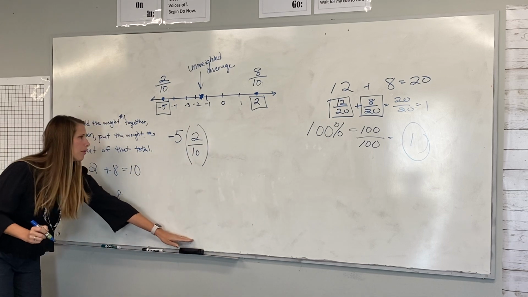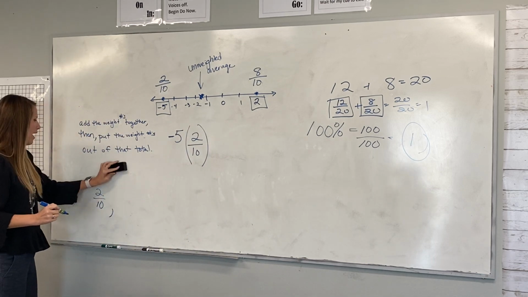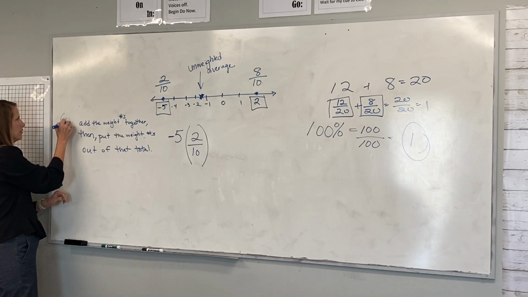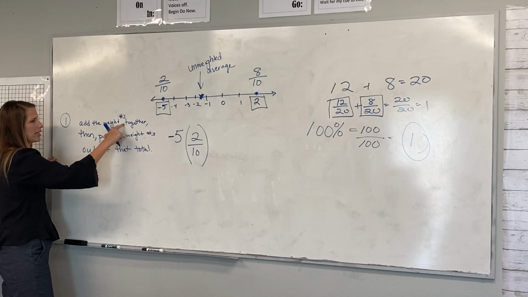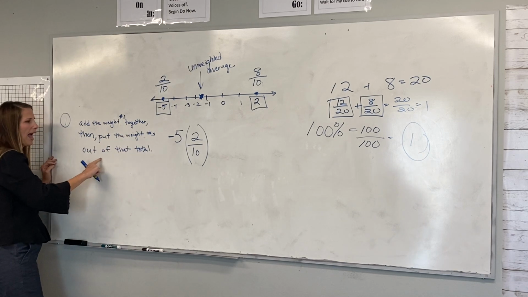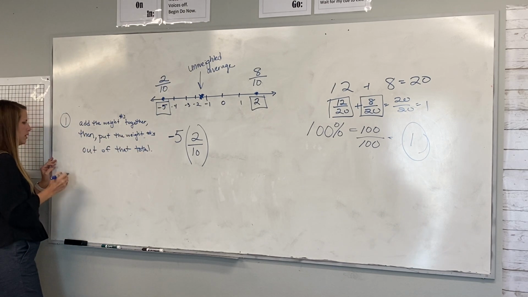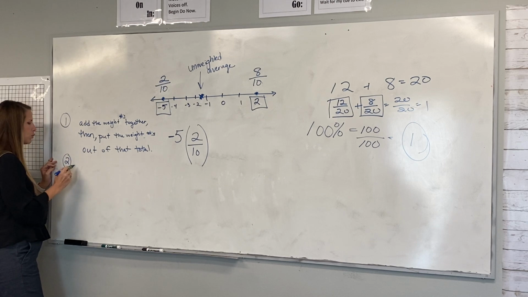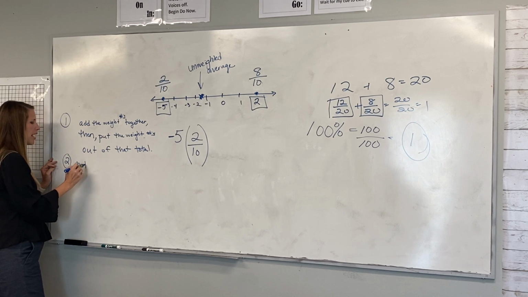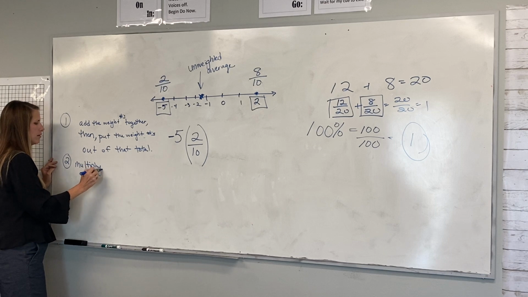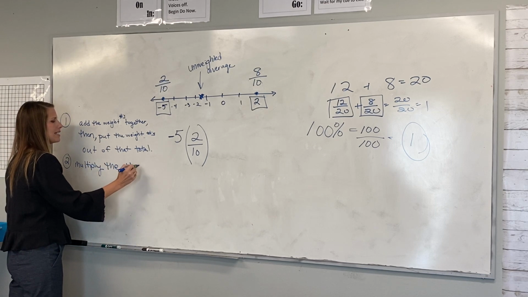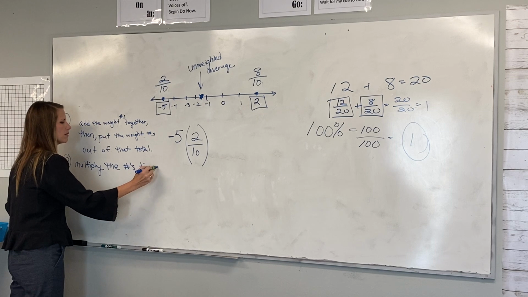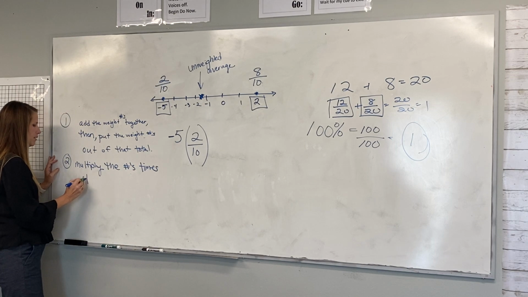So the next step, after this step, I'm gonna put step 1: add the weights together, then put the weight numbers out of that total. Okay, step 2 would be multiply the numbers times its weight.